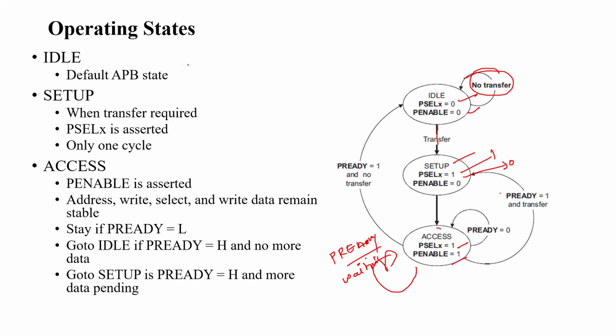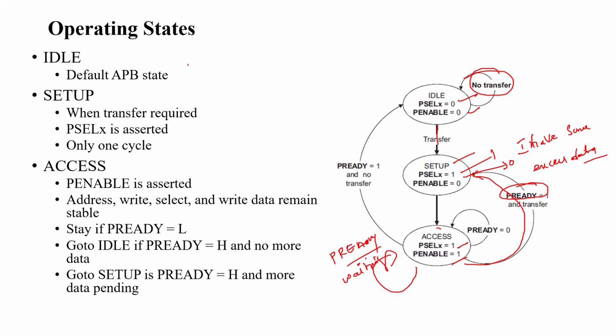If you are sending the ready signal 1 and there are still more transfers, that means some more transactions are happening, then it moves to the setup state. If it is moving to the setup phase, it means I still have some more data that I want to communicate.